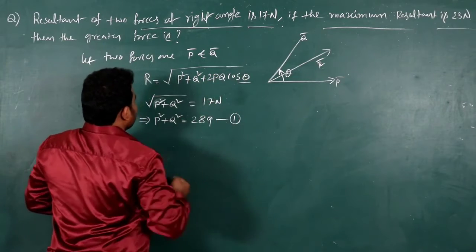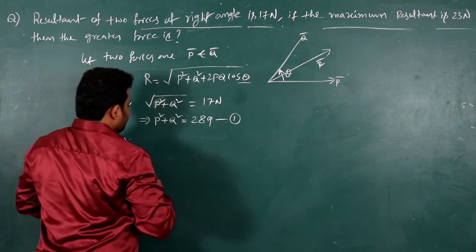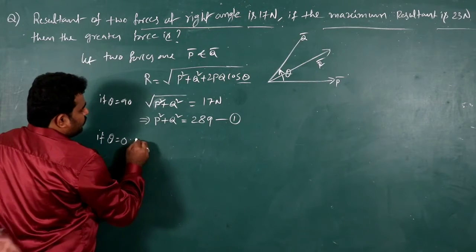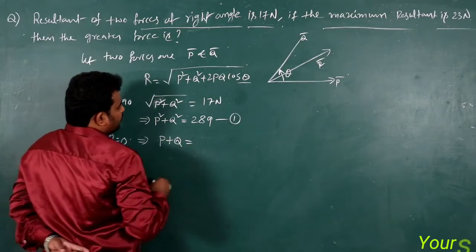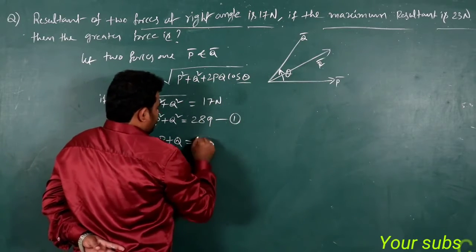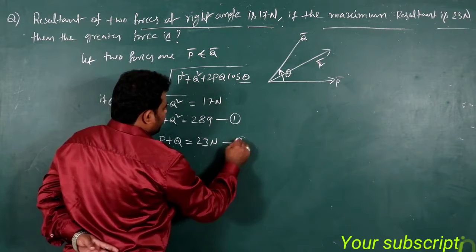Here square and square root get cancelled, then resultant will become P plus Q, which is equal to 23 newtons. Let it be equation number 2.